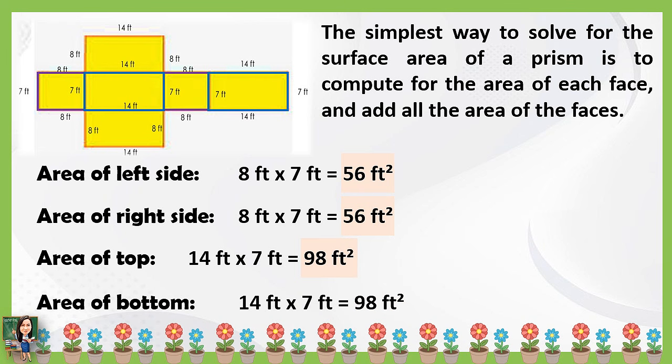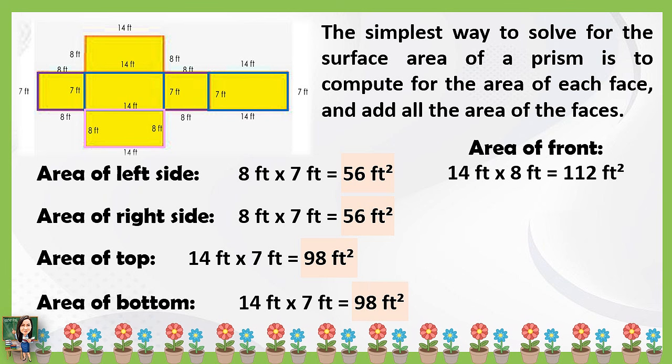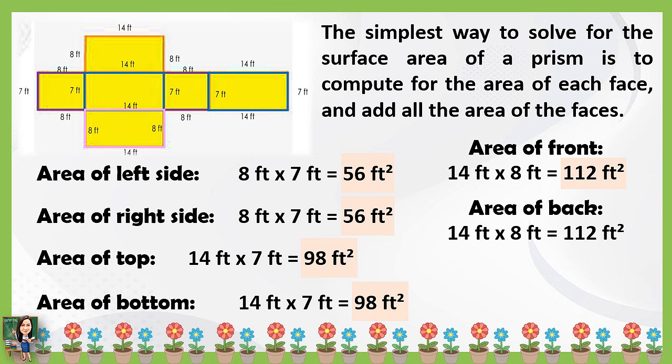Area of bottom, 14 feet times 7 feet equals 98 square feet. Area of front, 14 feet times 8 feet equals 112 square feet. Area of back, 14 feet times 8 feet equals 112 square feet.